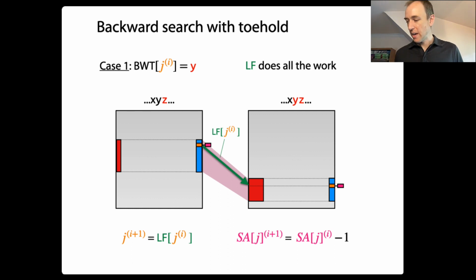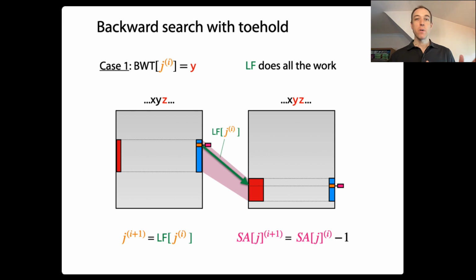So the SA of J at step I plus 1 is the SA of J at step I minus 1 because we move to the left by 1. So that case was actually quite easy. How do we update J and SA of J? We just apply the LF mapping to J and we just subtract 1 from the suffix array entry. Easy. So that was case 1.